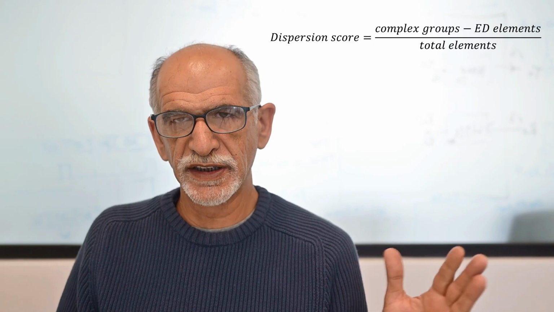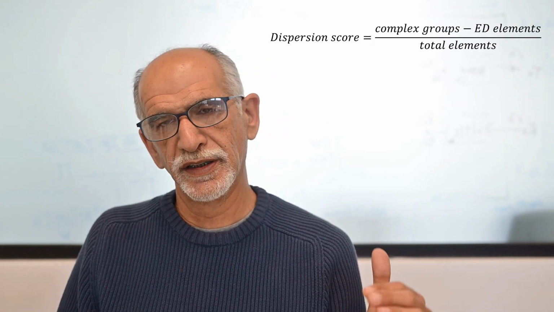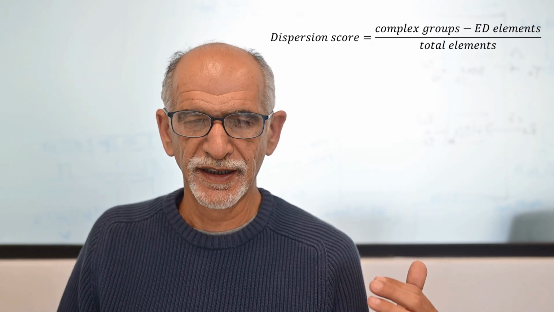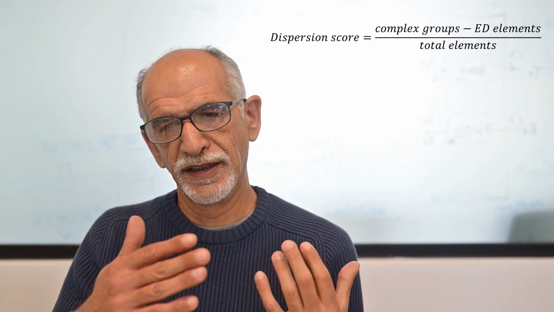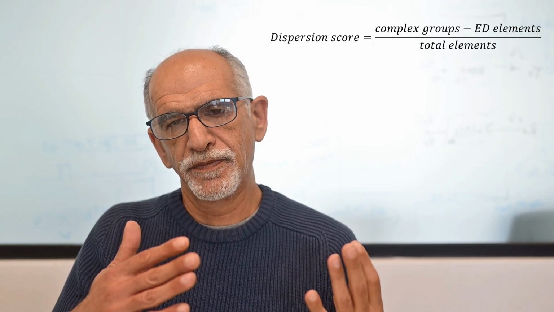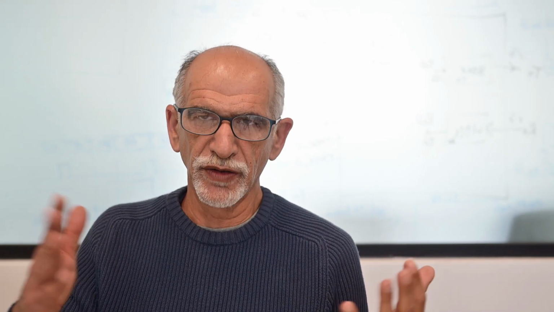The result of this subtraction is then divided by the total count of elements in the lens. The higher this dispersion score, the more true to life the rendering will be.